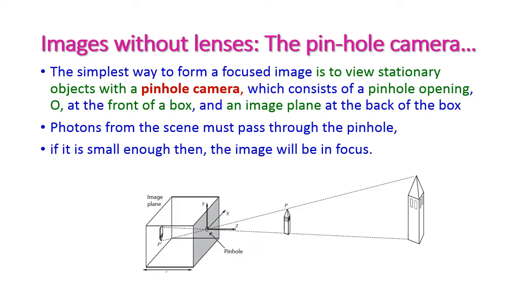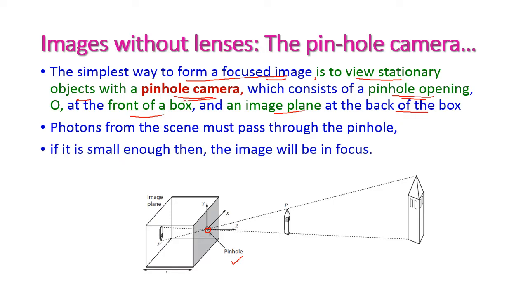The very simplest way to form a focused image is to view the stationary object with the pinhole camera, which consists of a pinhole opening in the front of the box and the image plane at the back of the box. See, this is the pinhole.